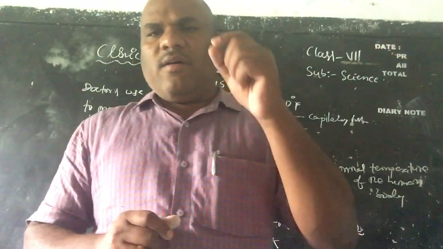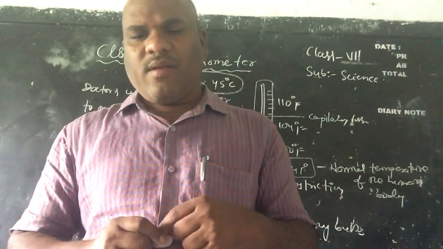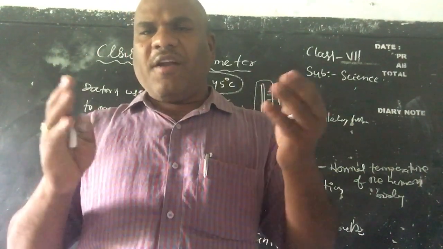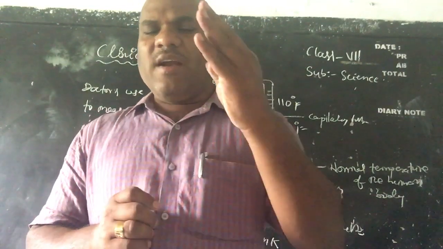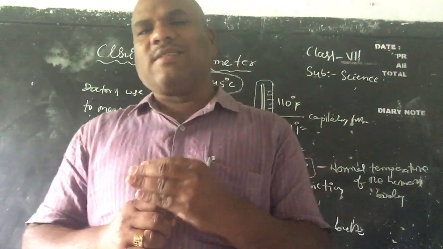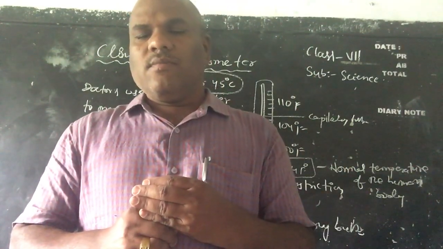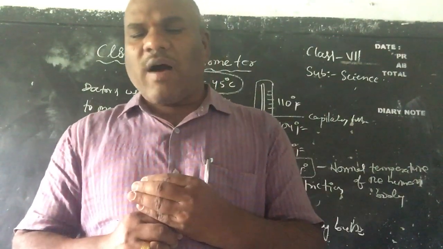Children, you should know how to read the Fahrenheit scale on the thermometer. Generally, the readings on the Fahrenheit scale, as I already told you, are 95 to 110 degrees Fahrenheit, children. The temperature difference is indicated between the two bigger marks. Also we can note down the number of divisions between these marks.